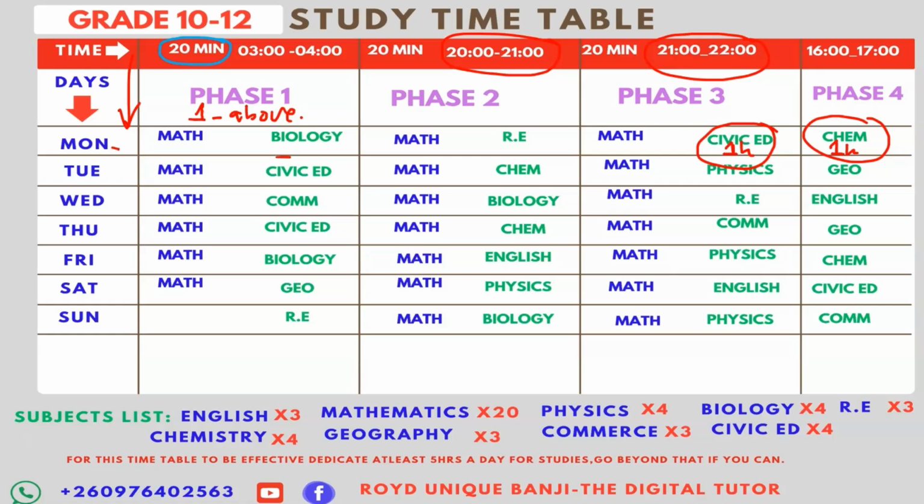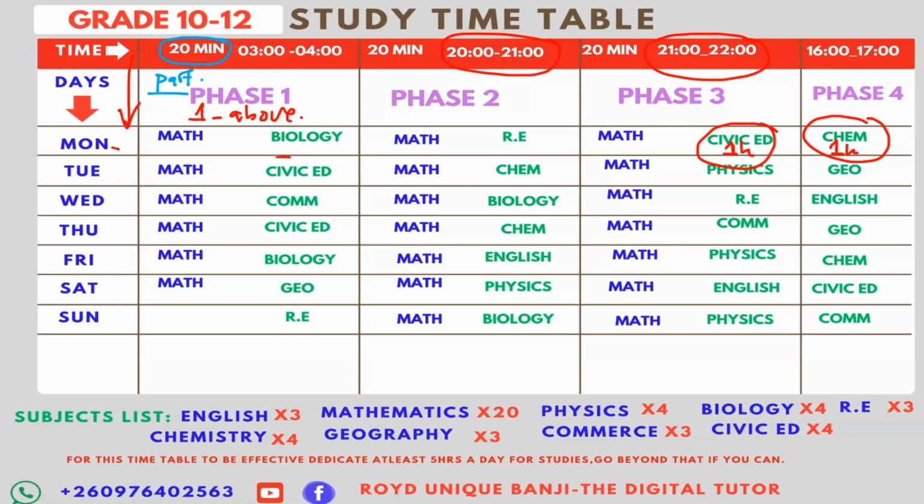Make sure that you have all the compiled past papers. Past papers are everywhere. You can download past papers from 2016 up to 2023. If you have these past papers, both paper 1 and paper 2, then you are okay. Every time you meet a 20-minute slot, you pick a topic and answer questions on that particular topic.